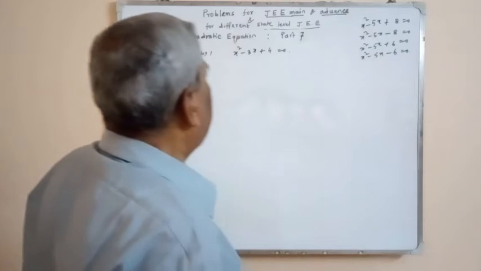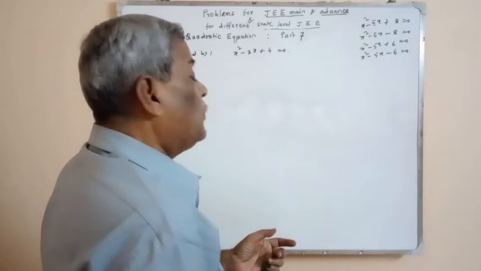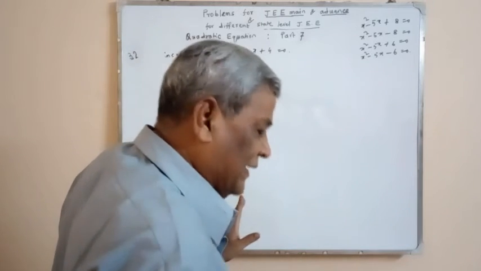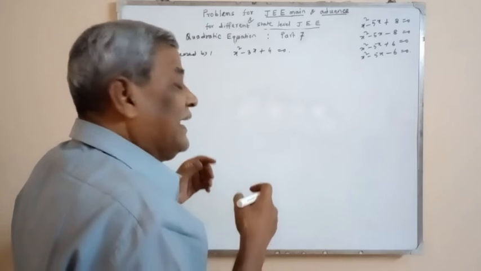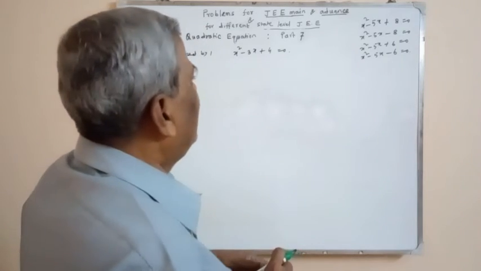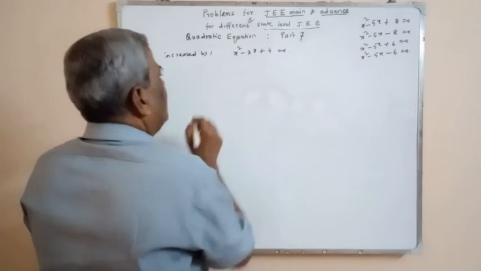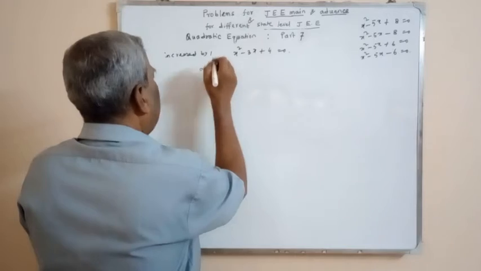The problem is, one quadratic equation is given and we have to find another quadratic equation whose roots are each increased by 1 of the roots of that. Suppose the roots of that equation are alpha and beta.